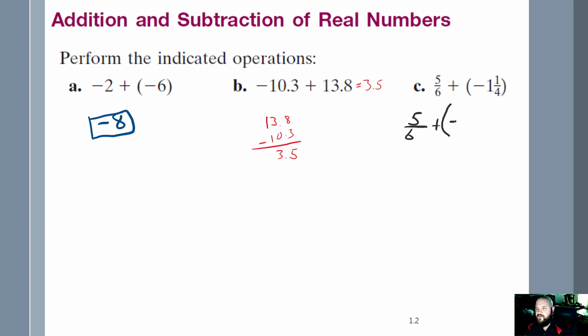If you take 4 times 1 and add 1, we should get 5/4. Which hopefully makes sense, right? Because 4/4 would be a 1. It's just a 1/4.